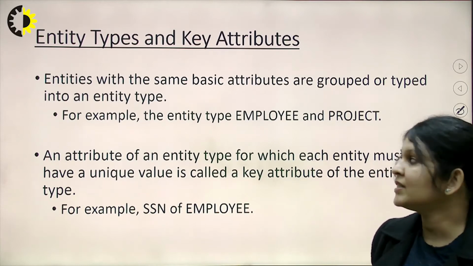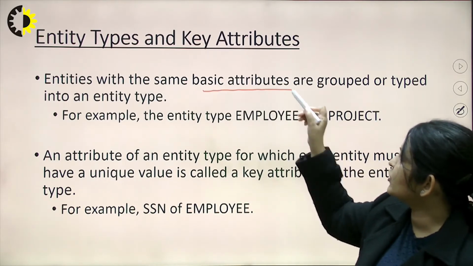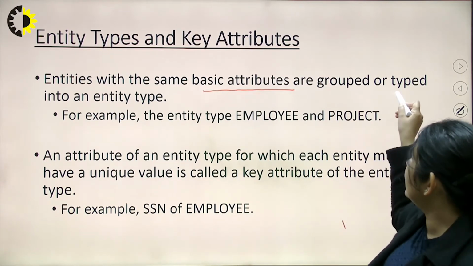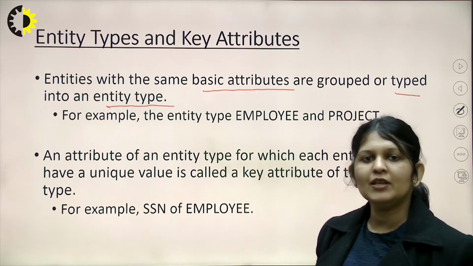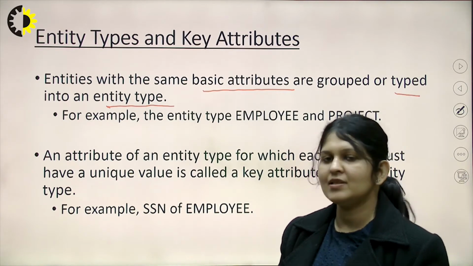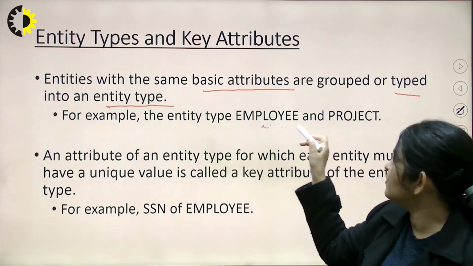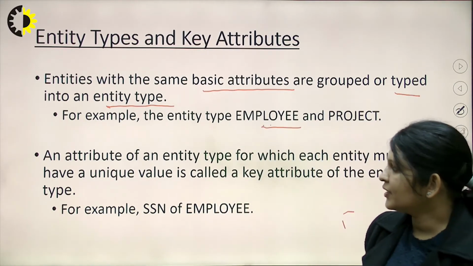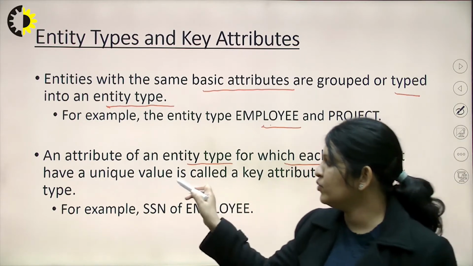Then entity types and key attributes. Entities with the same basic attributes are grouped or typed into an entity type. That is, if we are talking about employees, the several employees in an organization, they are like an entity type. For example, entity types employee and project. Then an attribute of an entity type for which each entity must have a unique value.